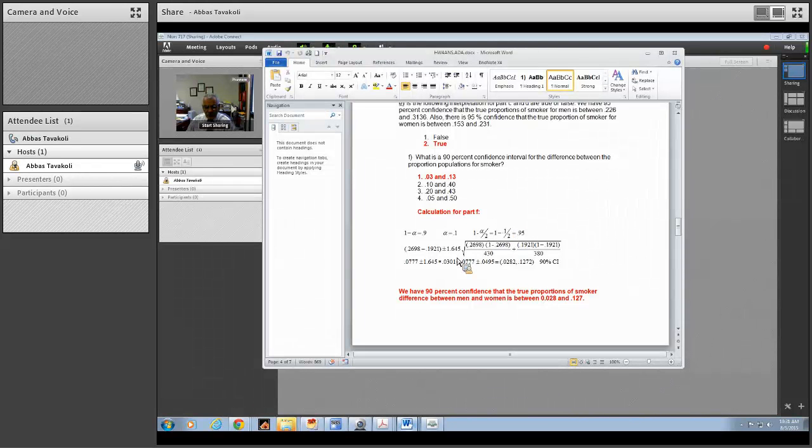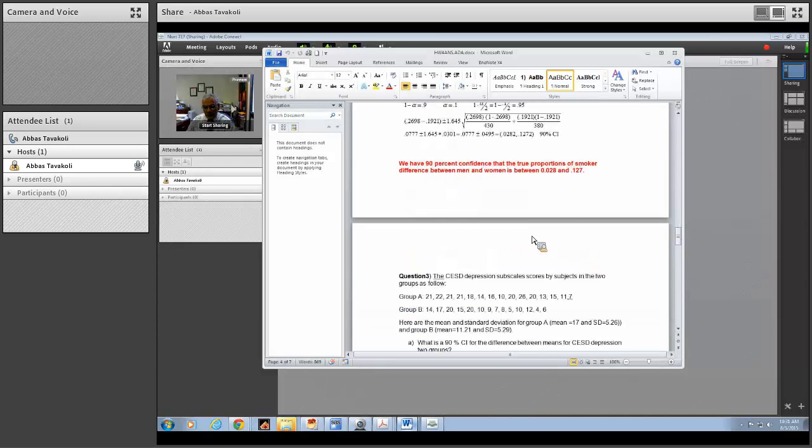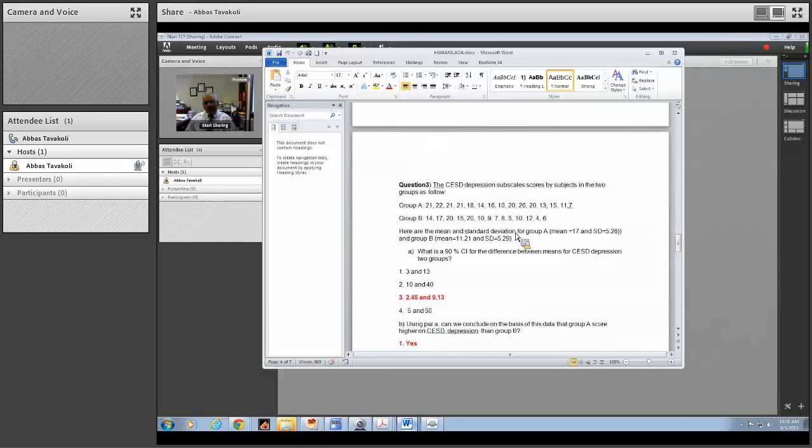First, the reliability coefficient you find from the Z table is 1.645. The difference between men and women is 0.2698 minus 0.1921. You use that formula and you get 0.0282 and 0.1272.